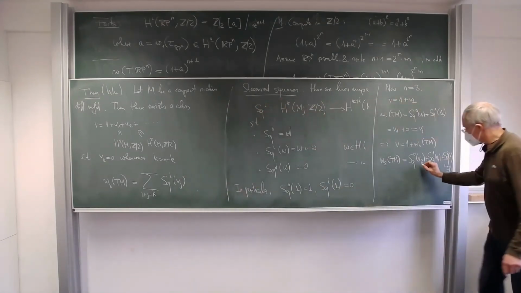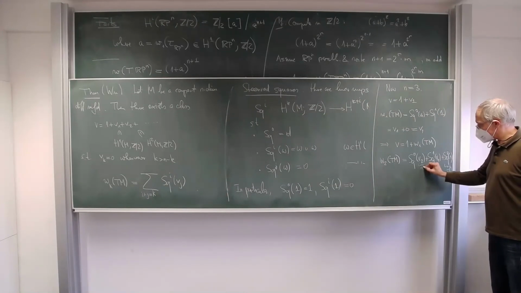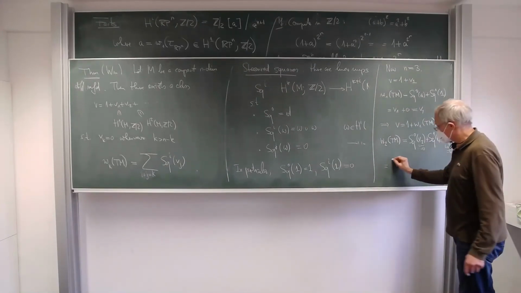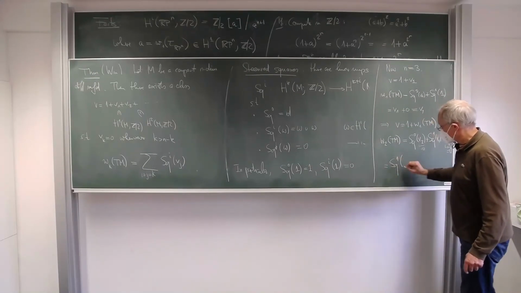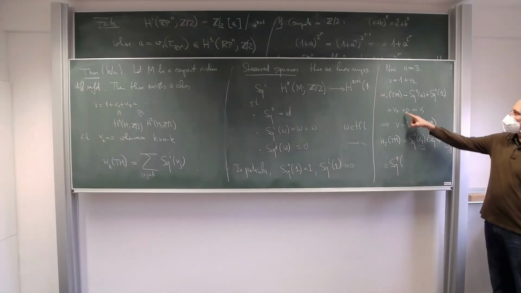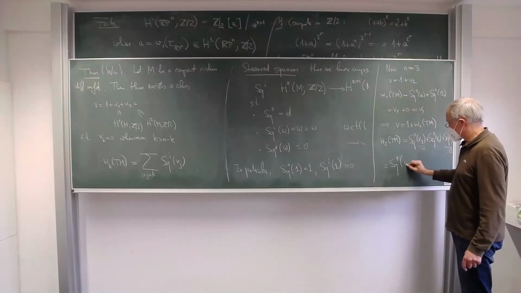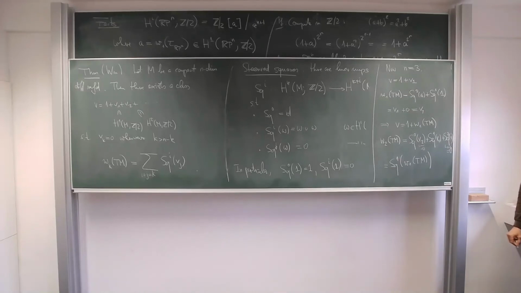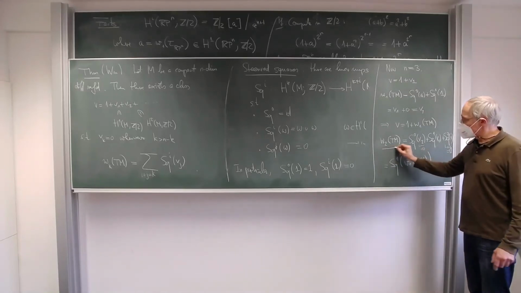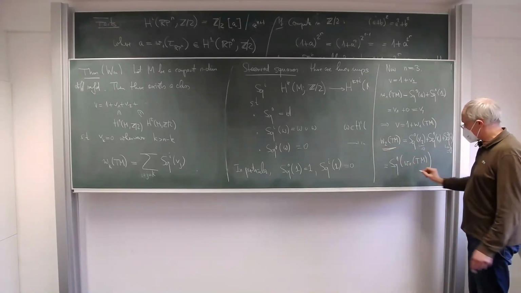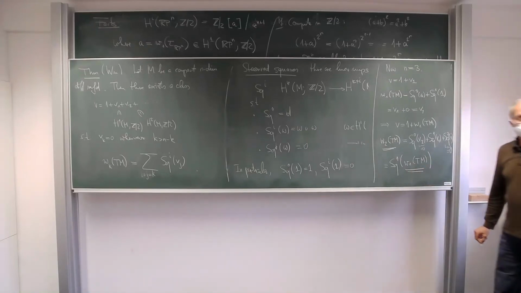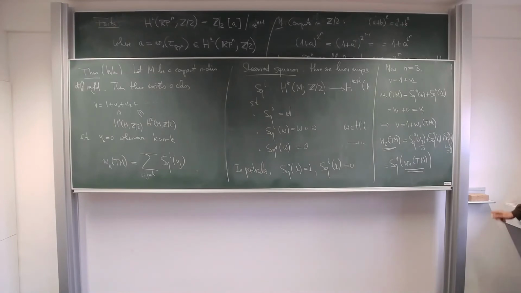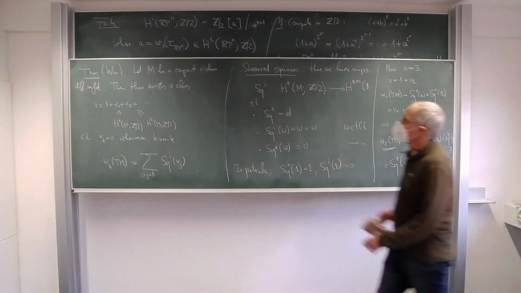So this guy here is 0. And so what we get is only the middle term, which is Sq^1 applied to v1, but v1 is the same thing as w1. So we can express the second Stiefel-Whitney class in the three-dimensional case in terms of the first Stiefel-Whitney class, applying this Sq^1 operator to it.